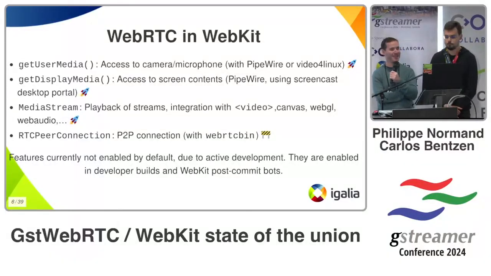And then if you need to play those streams, basically you can create a video element or an audio element and connect that media stream to the video, or even more things such as Canvas, WebGL, or WebAudio, whatever you want. And then for the peer-to-peer connection handling, there's an interface called RTCPeerConnection in JavaScript, and that's backed by webrtcbin on the backend side.